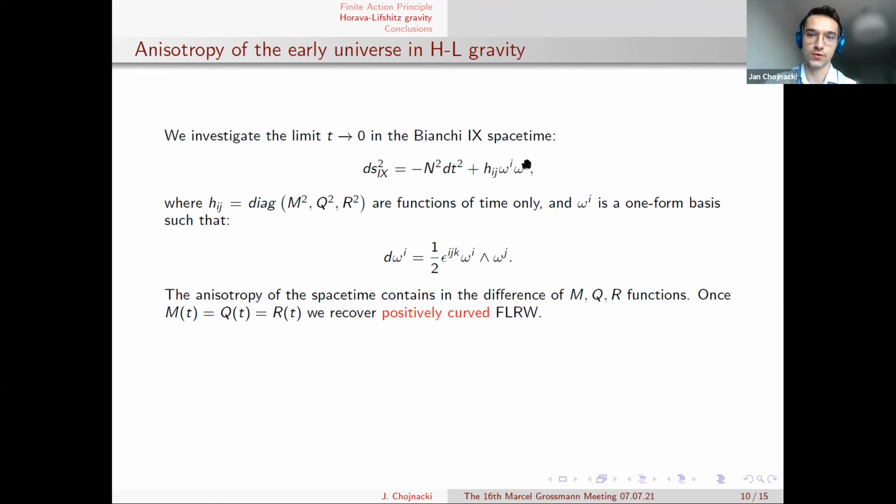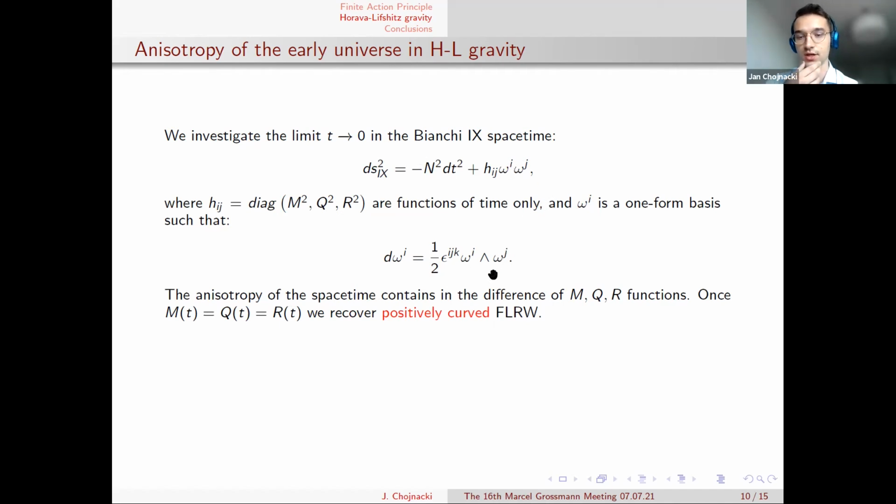which has these one-forms, Bianchi-1 forms. They are introduced so that the metric is diagonal, and they also satisfy this relation, which gives a very simple expression for the Christoffel symbols, which are just proportional to this epsilon ijk. Okay, and for this spacetime, I could give you the explicit form of omega i and omega j.